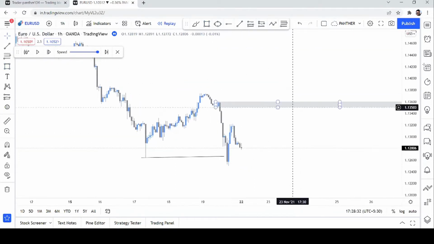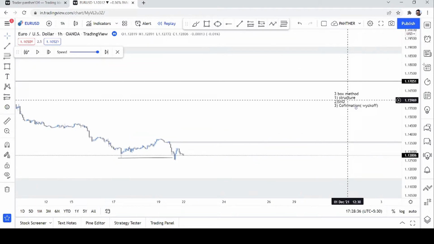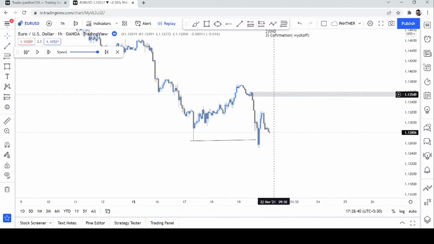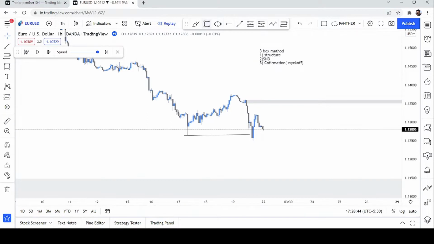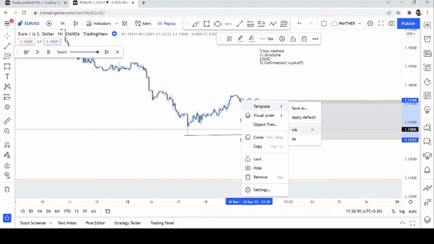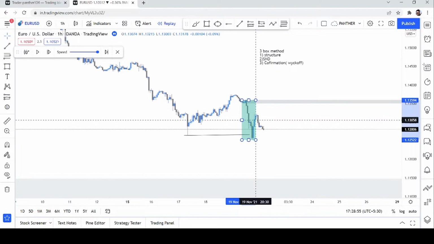So we have found it. This is our first box. We have found our first box right here, this impulse.